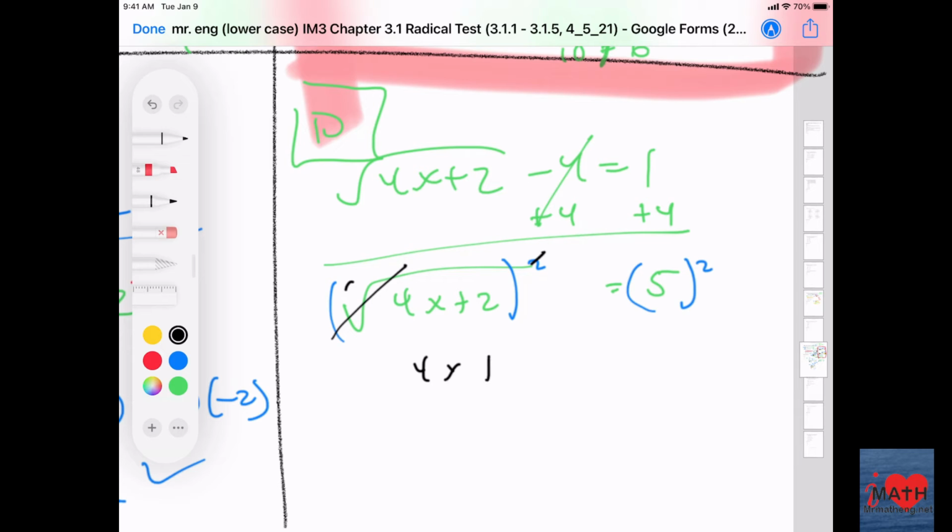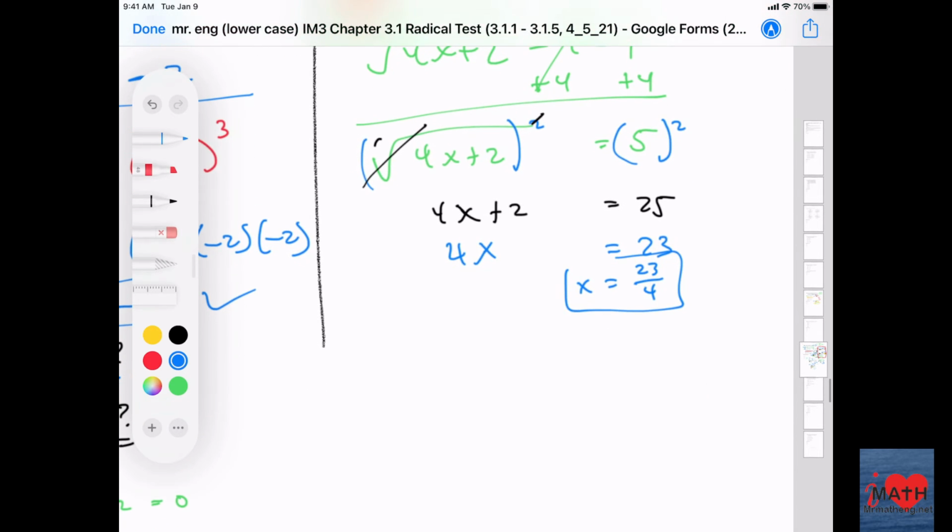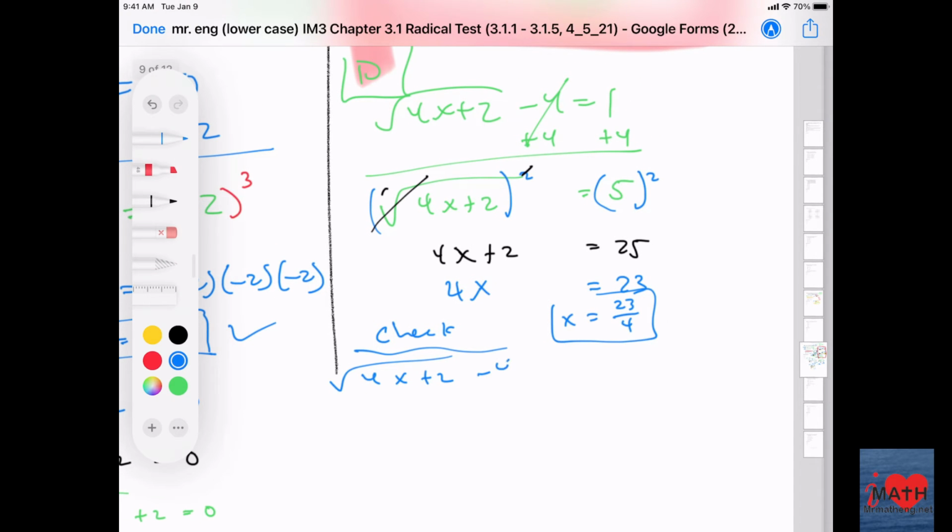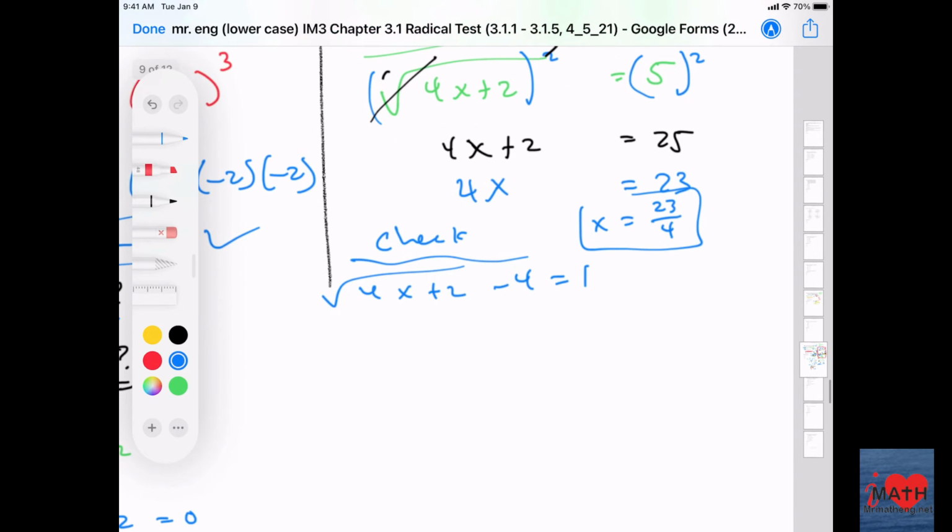You have 4x plus 2 equals 25. Just go a little faster here. Subtract 2, divide, and then let's check our answer. So square root of 4x plus 2 minus 4 equals 1. This is going here.